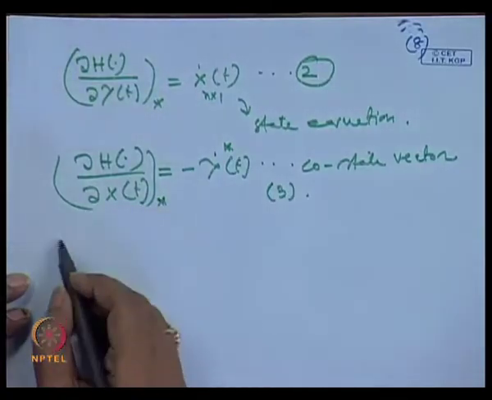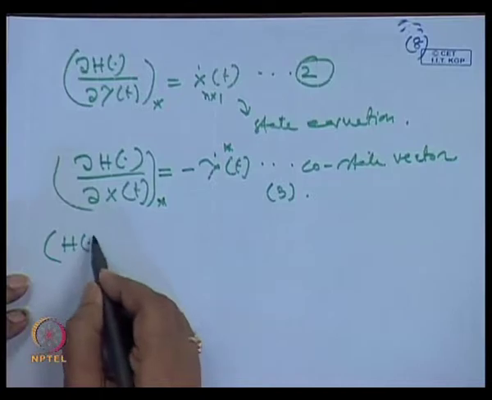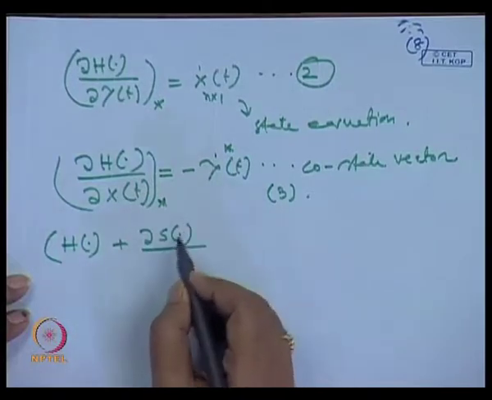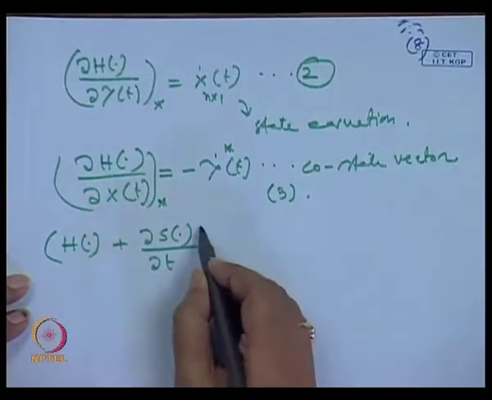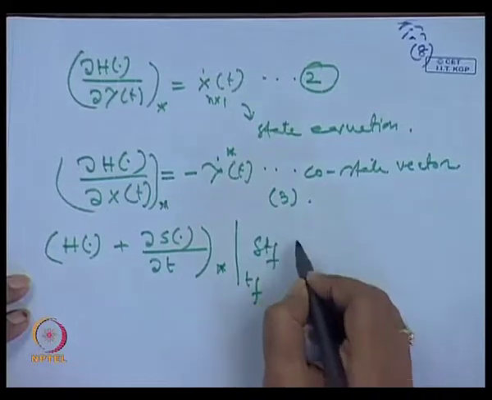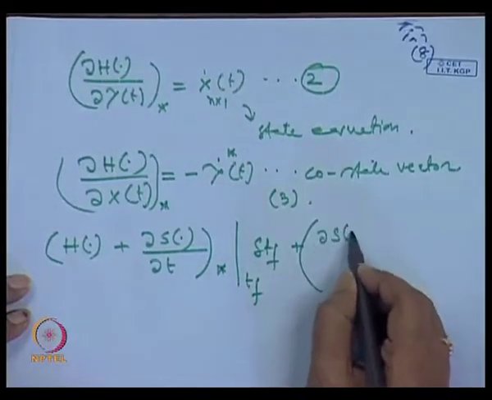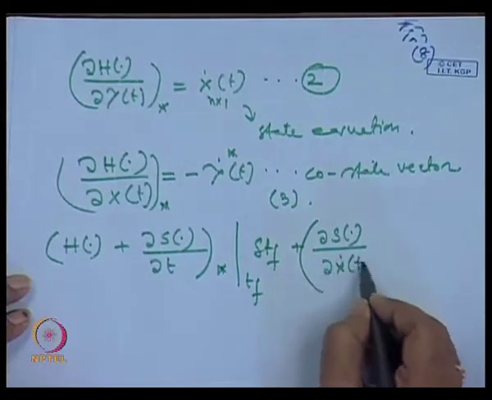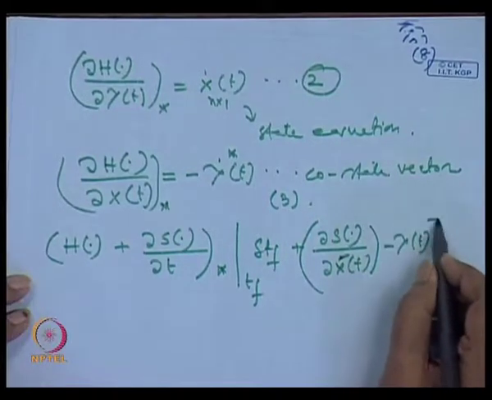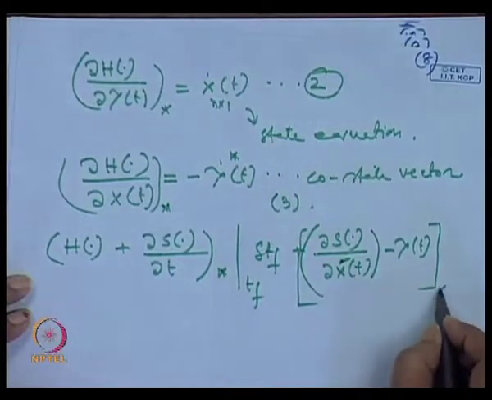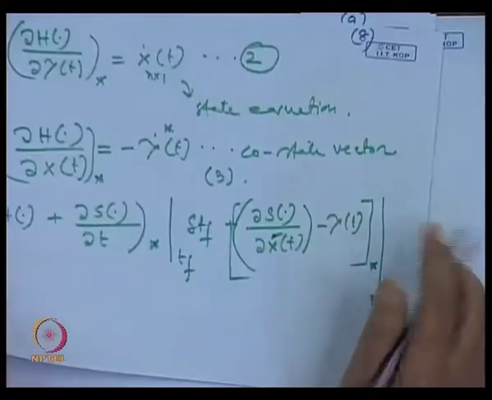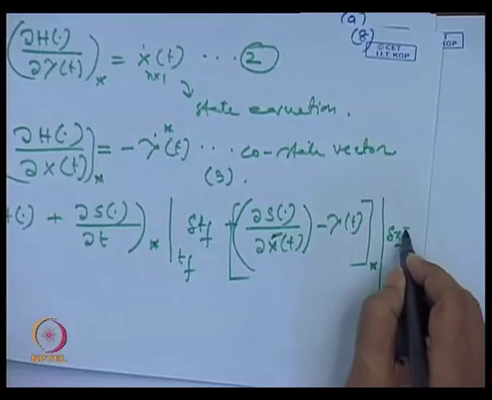You solve them using the boundary condition, which is: the Hamiltonian plus del S del t, where S is a function of x of t and t, whole star at t equal to T f, delta T f, plus del S del x of x of t minus lambda of t, whole star at t equal to T f, transpose, into delta x f is equal to 0.